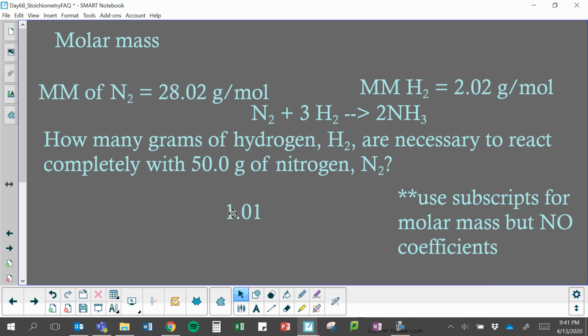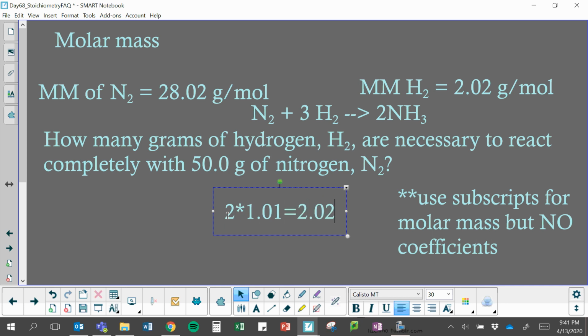So we will use our subscript, so we are going to have 2 times our 1.01, giving us 2.02. But we don't ever use our coefficients. So this 3 in front of here, it's telling us that 3 moles of H2 and 1 mole of N2 will make 2 moles of NH3, but that doesn't have anything to do with our molar mass itself, so we can just ignore that and we will use that number later in our equation.